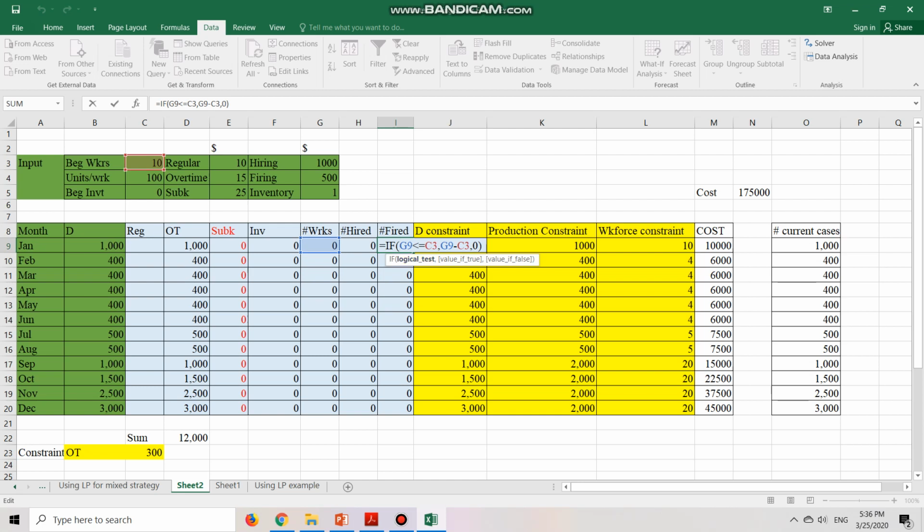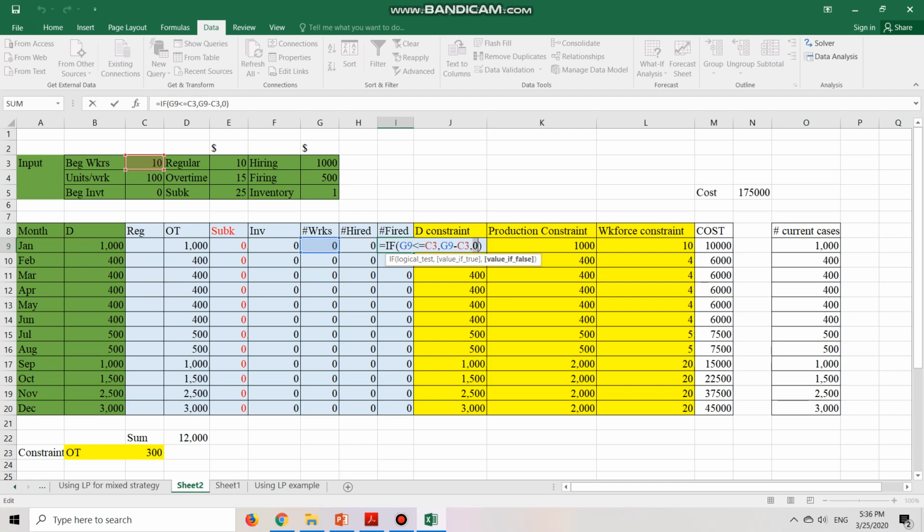So here we compare what we have, C3, and what we need, G9. And if G9 is less than or equal to C3, they need to fire how many people? That is what we have minus what we need, right? And if not, it's equal to 0.